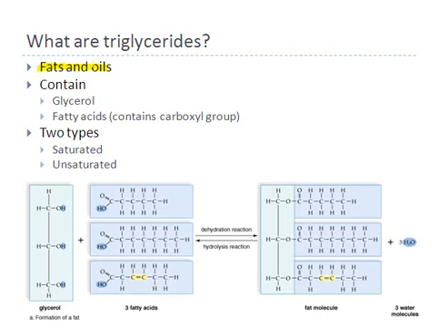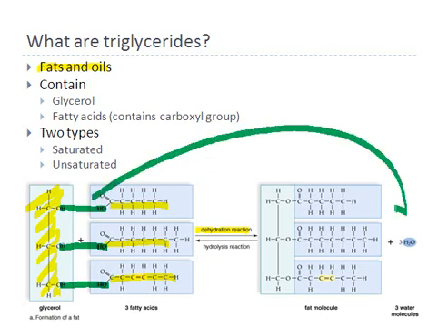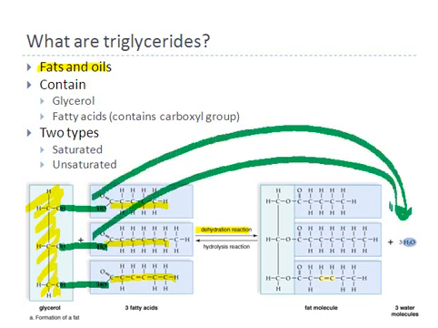Both the triglycerides, whether they're fats or oils, are composed of two units. The first unit is called the glycerol, which I'm showing over here, and it's linked to 3 fatty acids. So altogether, they combine with a dehydration reaction, and again notice that you have the same thing. You've got the oxygen and the hydrogen forming water and being released out. So each of these is released as a water molecule.